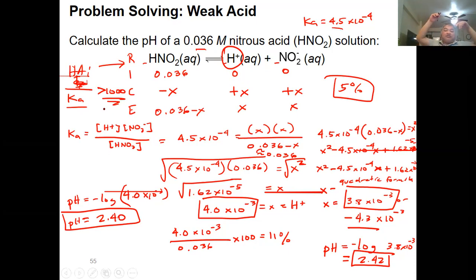So that's another way to say pwede kang gumamit ng approximation. So pareho siyang bagsak. Bagsak siya sa 5% rule, tapos mas less than siya sa 1,000 kung kinuha mo yung ratio ng initial concentration doon sa Ka value. Okay?